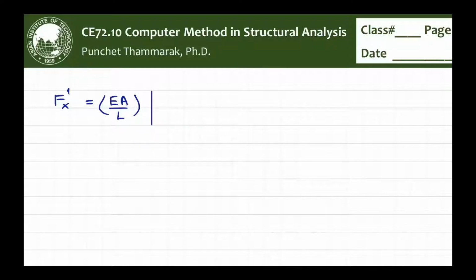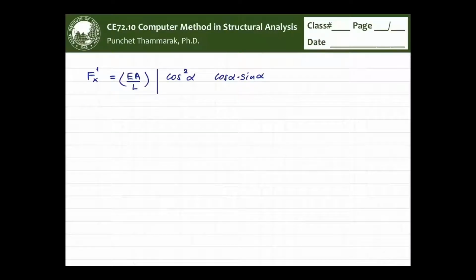Okay, we have the cosine square alpha. The next one is the cosine alpha times the sine alpha. Alright, and we have not finished the whole thing.